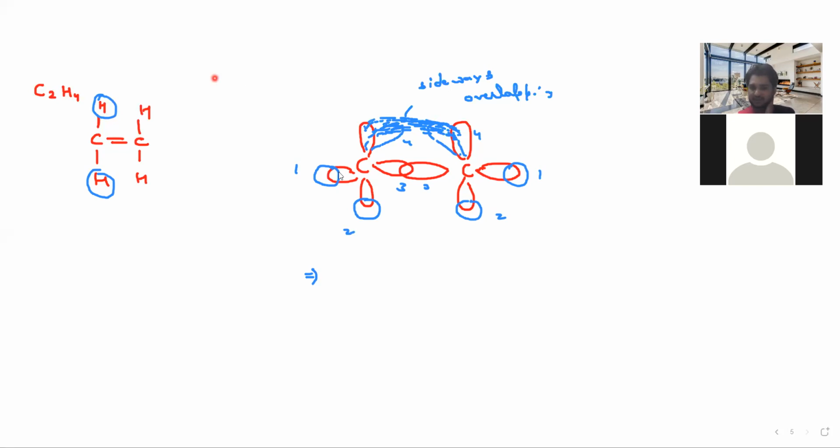See, Vishnu, this is one end-to-end overlapping. This is also end-to-end overlapping. This is also end-to-end overlapping. This is also end-to-end overlapping. And this is also end-to-end overlapping. And this is sideways overlapping. Now tell me how many sigma, how many pi? Oh, six sigma.